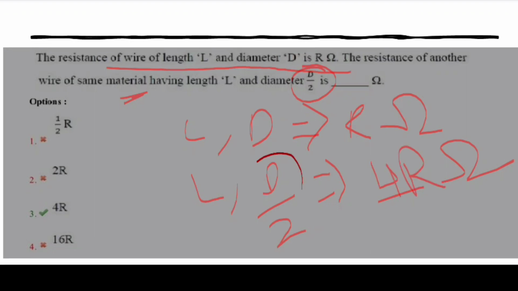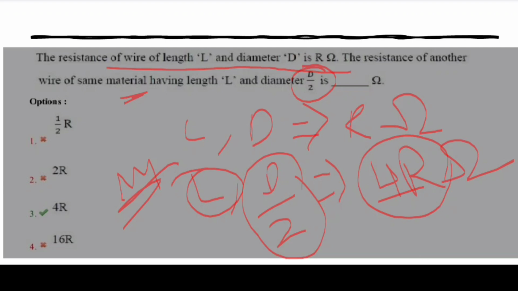If the diameter is halved, with the same length and same material, the resistance will be increased 4 times, that is 4R. So option C is correct, 4R.